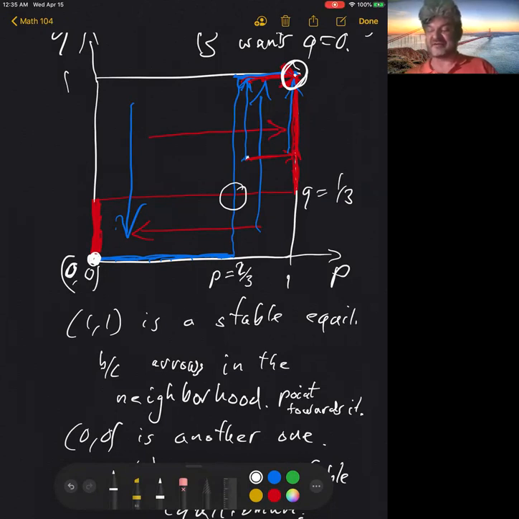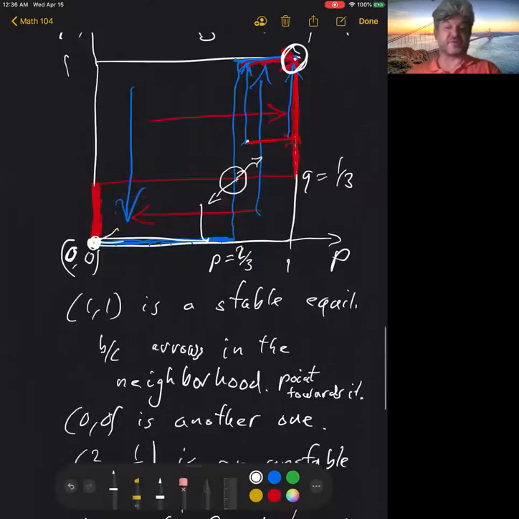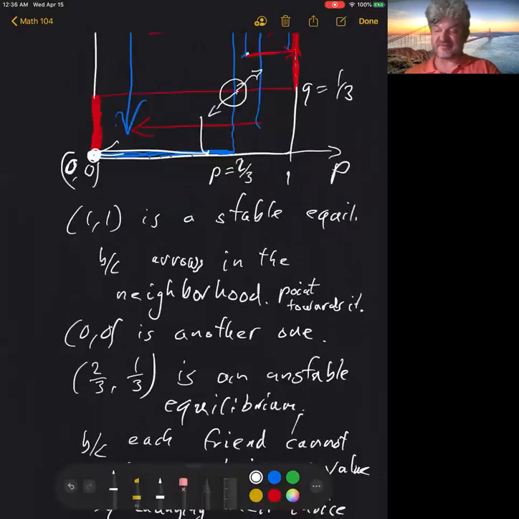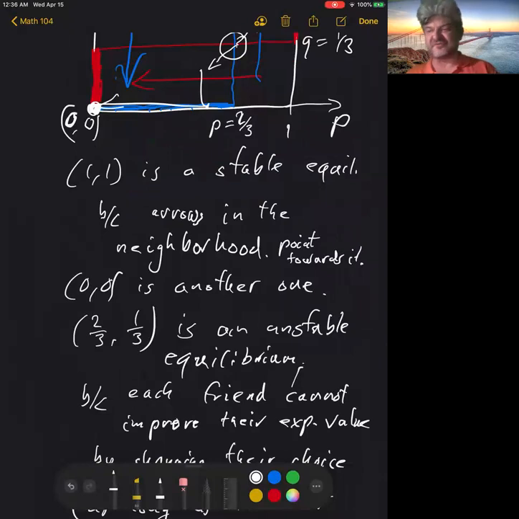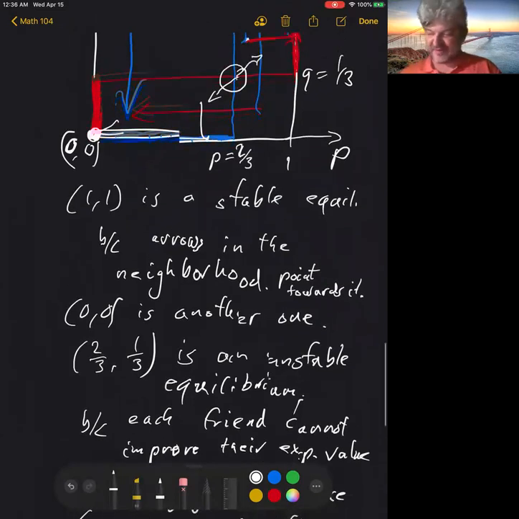If they drift diagonally a teensy bit to the lower left, either that way or that way, again, they will drift away from that unstable equilibrium and end up in just two moves, zap, zap, at the point 0, 0. So it's a situation similar to when you balance a ball on your nose: even a teensy bit to the left or to the right, and the ball will fall off. And so that's an unstable equilibrium.